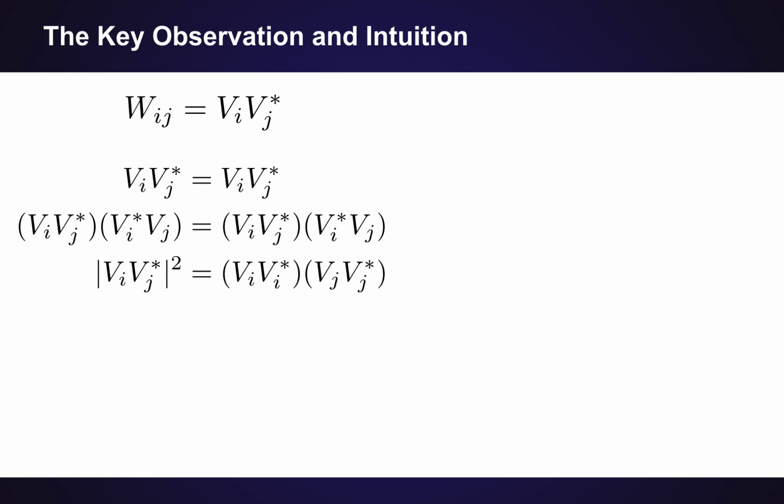And now if we go back to our W variables, we can write this equation down as: the absolute square of the W variable ij on one end, and then the W variable for each of the nodes, like Vi times Vi, which is Wii and Wjj, on the other side.